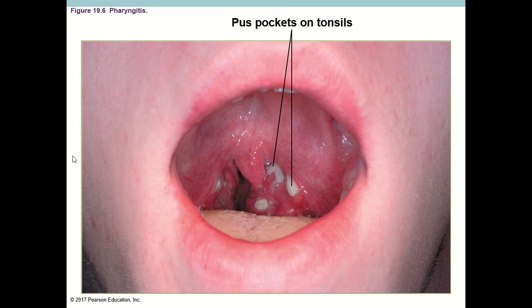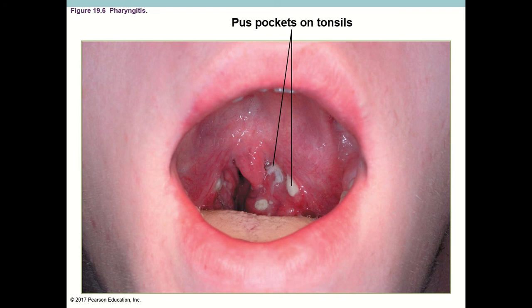So from pharyngitis, people can end up with rheumatic fever, which can damage heart valves and the muscle of the heart. It can also cause autoimmune responses to heart tissue, which can obviously be pretty dangerous for the person and even cause death, I'm sorry.